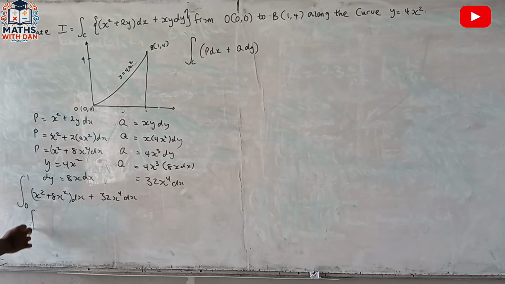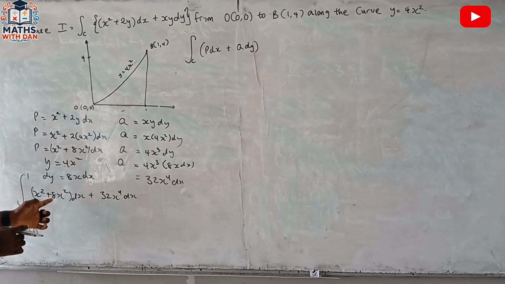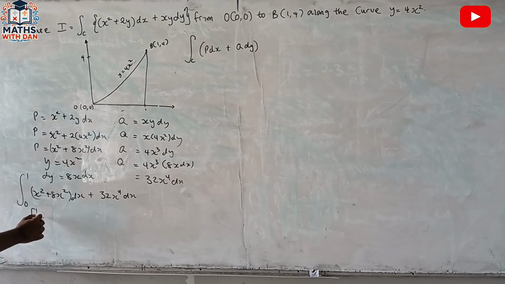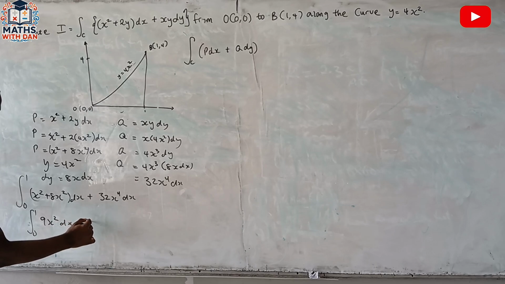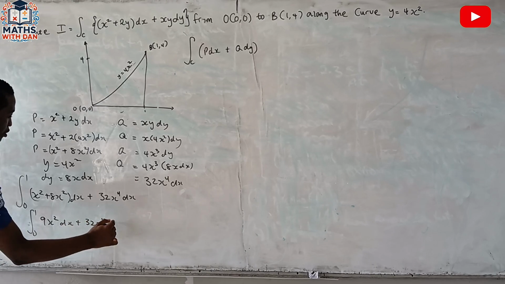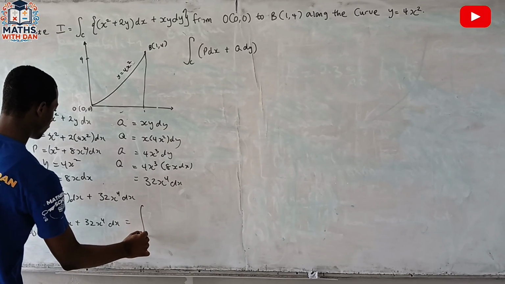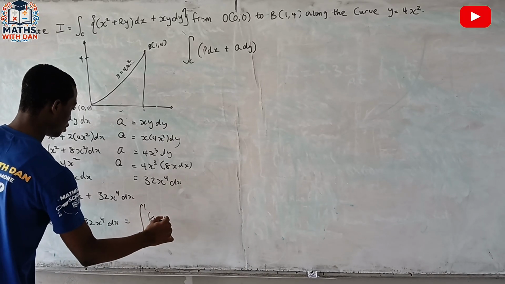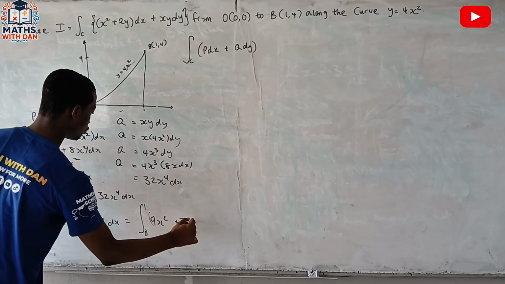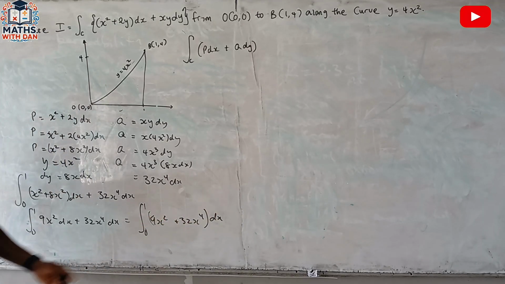So that will be the integral from 0 to 1. x squared plus 8x squared will give you 9x squared dx plus 32x to the power of 4 dx, right? So this is equivalent to the integral from 0 to 1 of 9x squared plus 32x to the power of 4 dx. So you are integrating with respect to x.